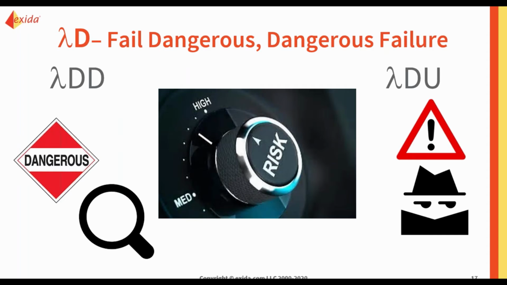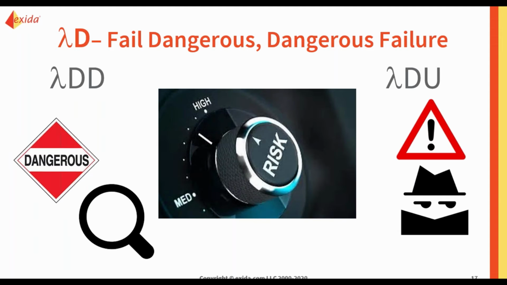On the other hand, we have the famous lambda Ds. Those are the dangerous failures, the dangerous failure rates. It's going to be exactly what we don't want. It is a time where a failure would prevent a safety system from performing its intended job, and the SIF cannot achieve a safe state if needed.